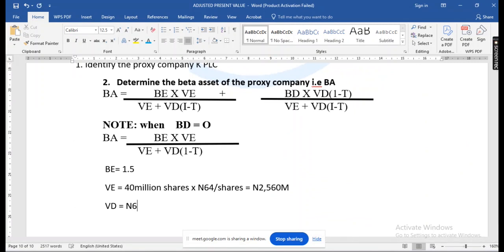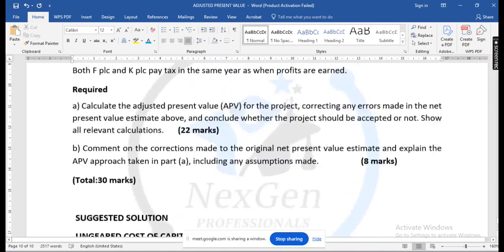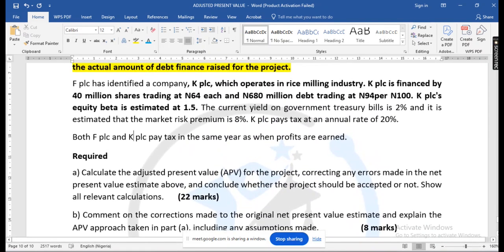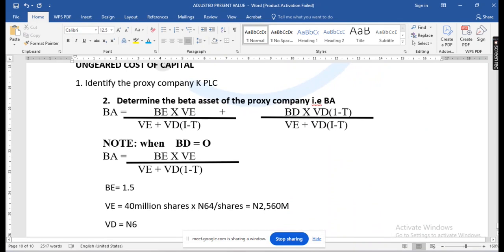So therefore, what is the value of the debt? 680 million, right? So we can have 680 million divided by the nominal value of the debt, times the market price, 94 naira.